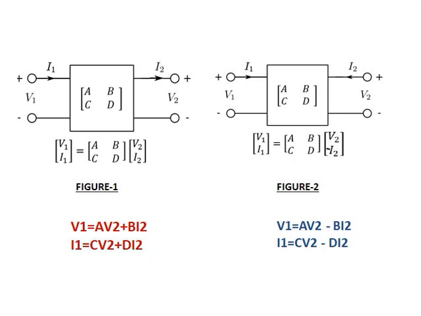Refer to figure 1 and figure 2. In figure 1, the I2 output current is coming out from the circuit going to the load. In figure 2, the I2 output current is coming into the circuit from the output, that is, the load.